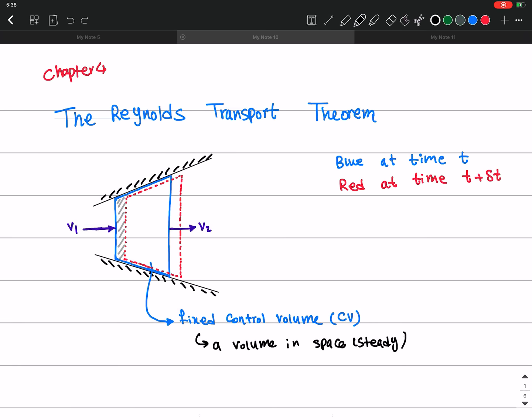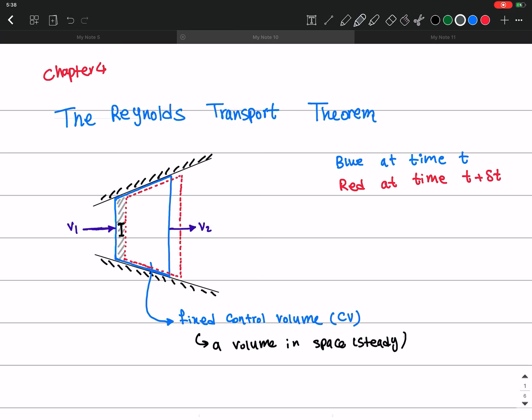I call this volume here as 1, that I have drawn with these gray hatches, okay?